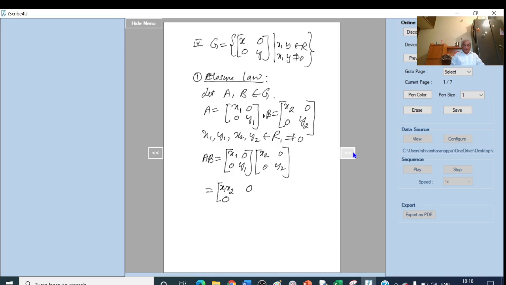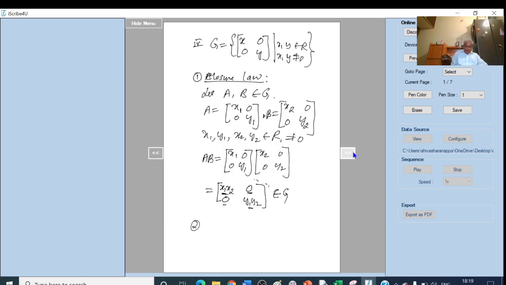Second row second column is 0 into 0 plus y1 y2. Does this belong to G? Yes, because this is a 2 by 2 matrix with zeros in these positions, and the entries belong to R and are not equal to 0, since x1 x2 and y1 y2 are not equal to 0. So the closure law is satisfied.